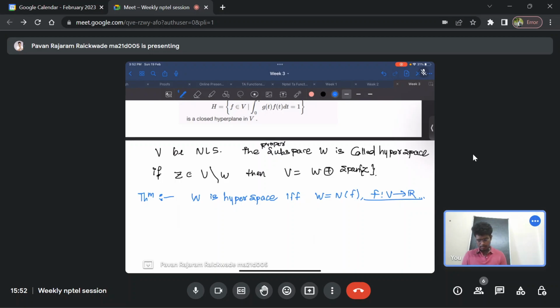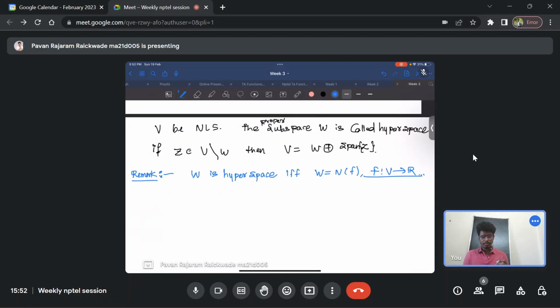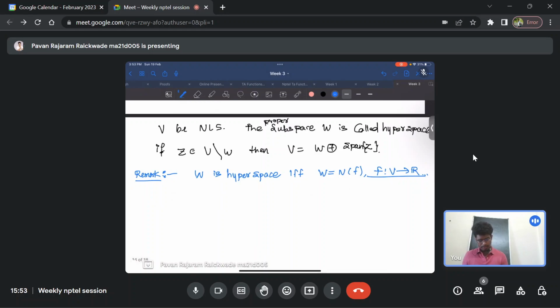Just a remark. Now, what is a hyperplane? A hyperplane is a coset of the hyperspace. Null space means that if f is a linear functional, W equals f inverse of 0, right?